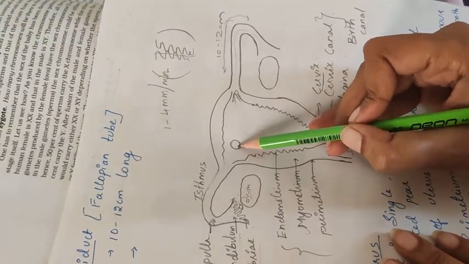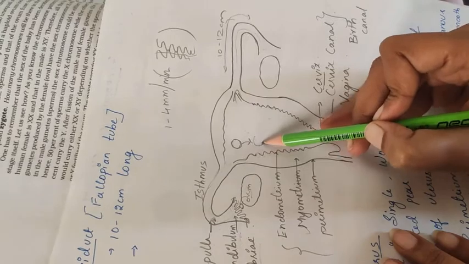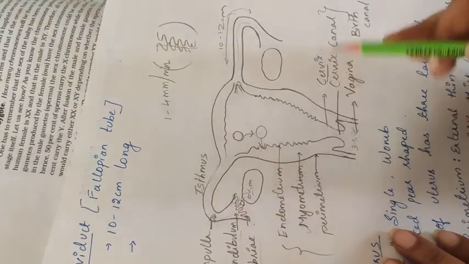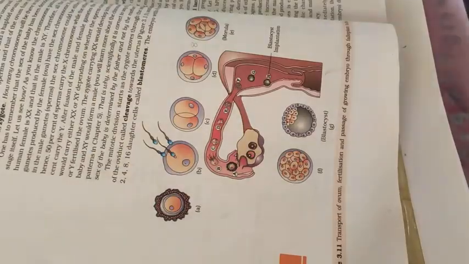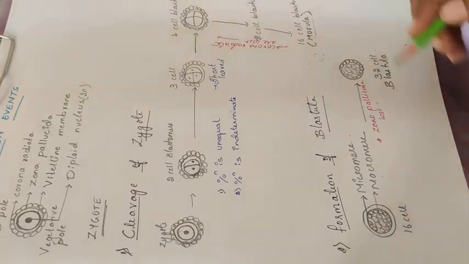It is here the morula will next be converted into the blastula, and the blastula will attach to this uterine wall. So let us now see how the blastula will attach to the uterus.